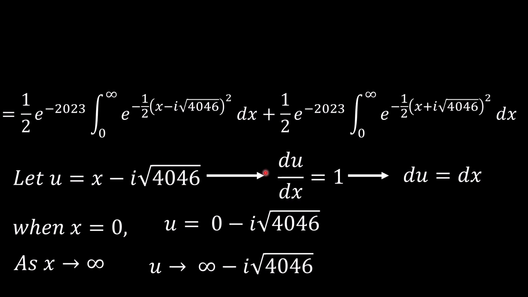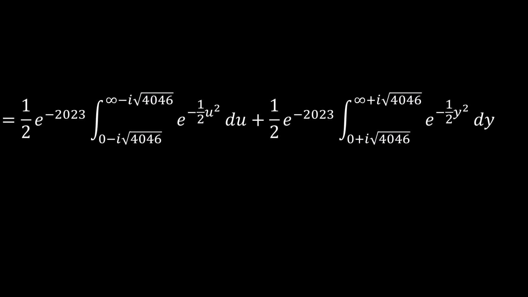You would apply the same process for the second integral without losing any generality. So eventually we've substituted our limits accordingly, and then we do have u squared here, and y, which we decided to use for the second integral.